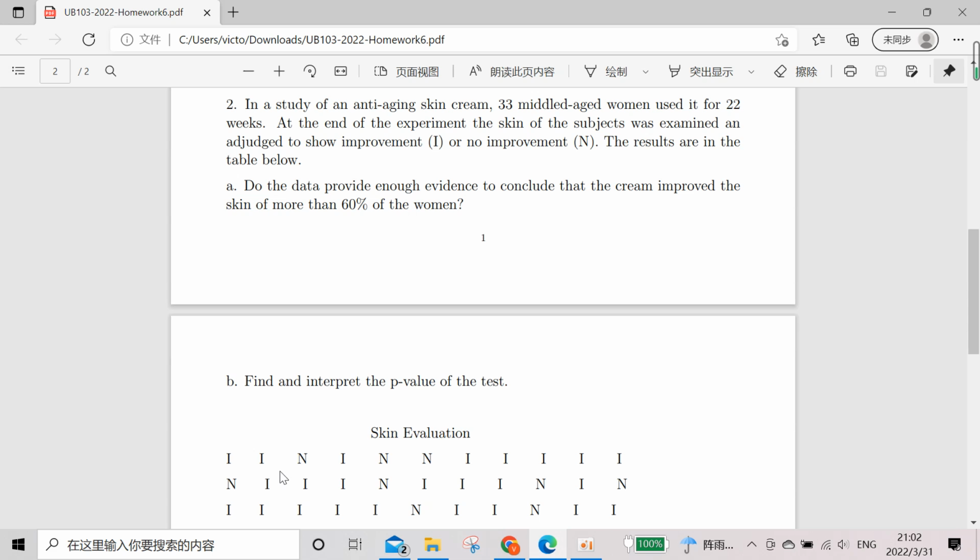And for a binomial distribution, the formula for standard deviation is the square root of NPQ, where N is the total number of observations and P is the probability of improvement, right?